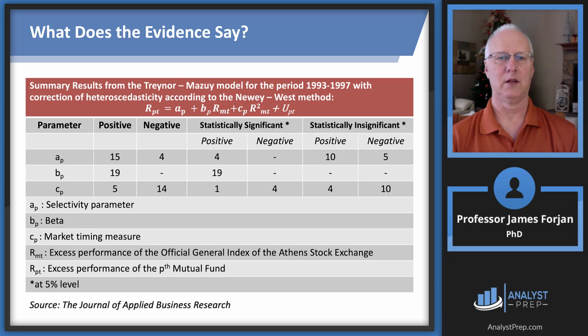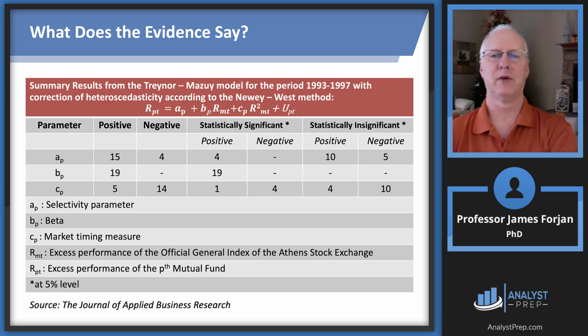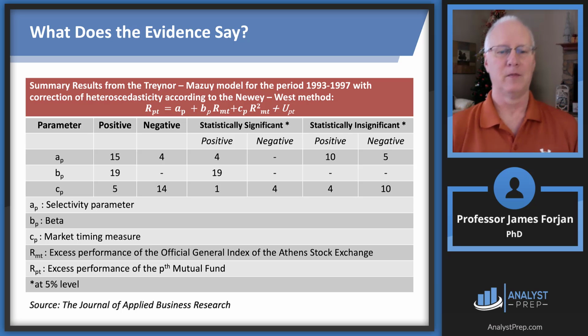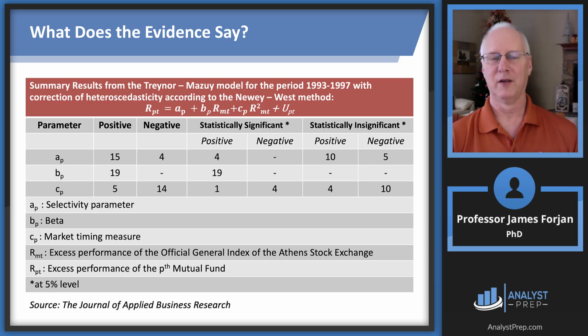What this author did was, for the period of 93 through 97, evaluate 19 mutual fund managers operating in Athens, using monthly returns over that 4-year time window. The interesting part was that they used the Newey-West method for correcting for heteroscedasticity.